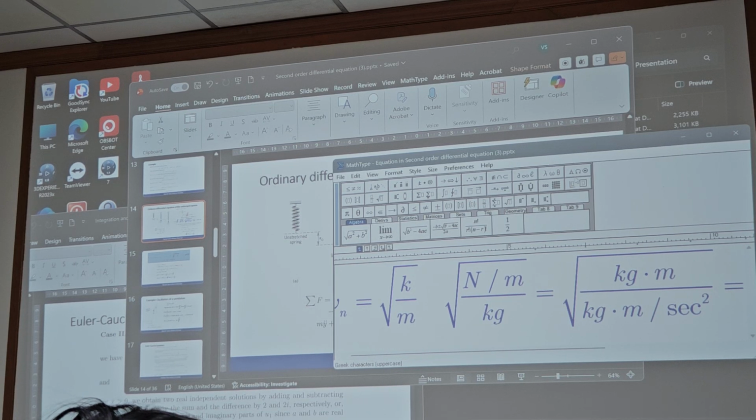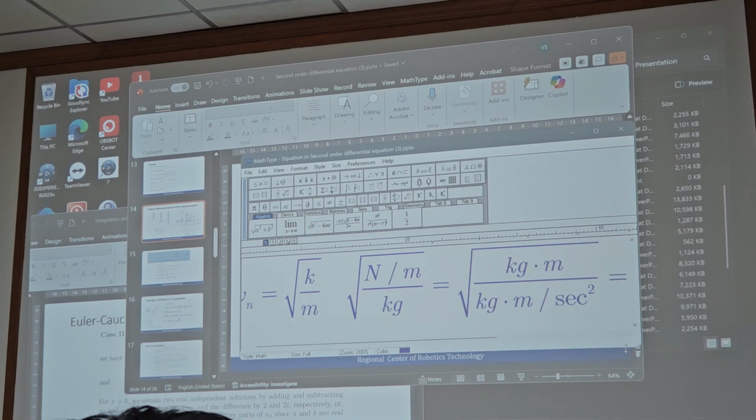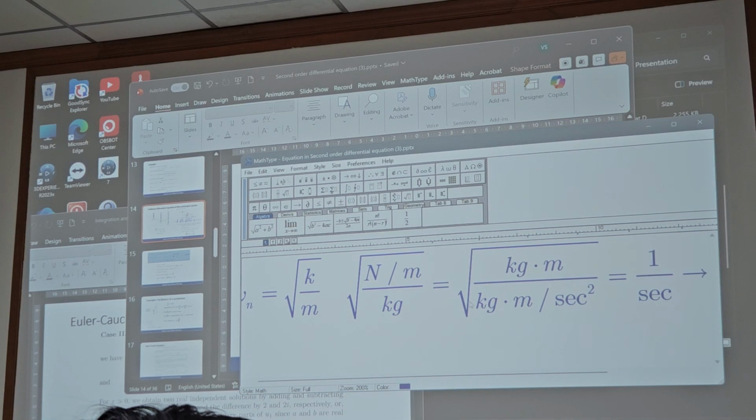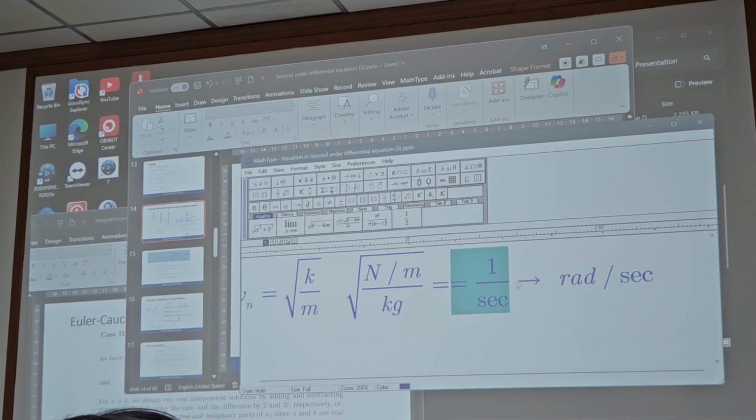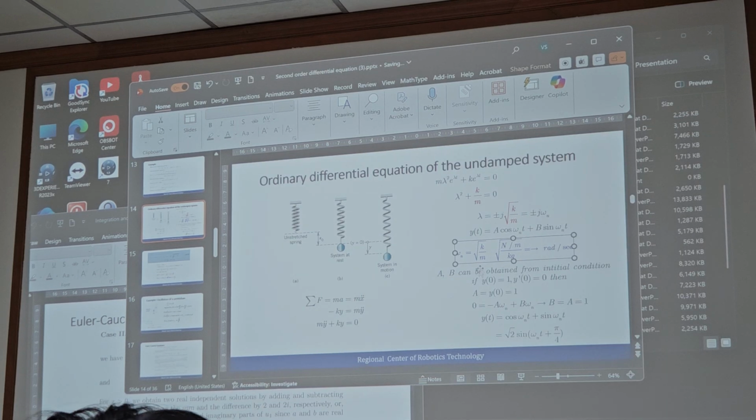The unit is radian per second. Sorry for this one.